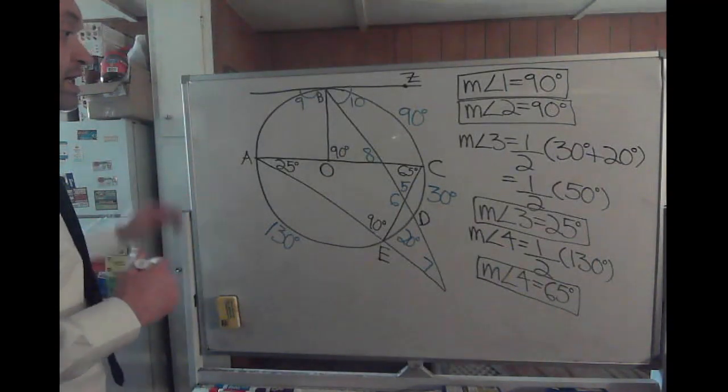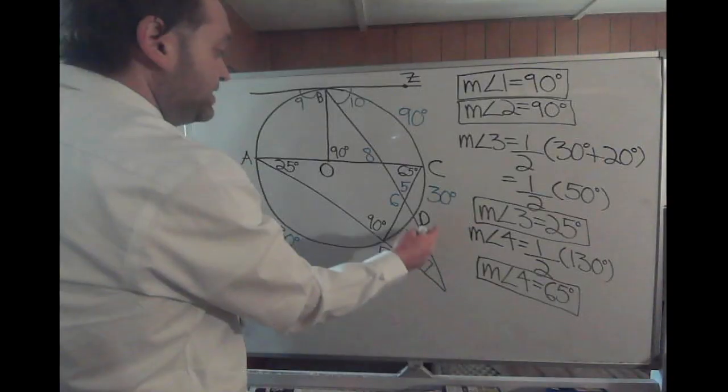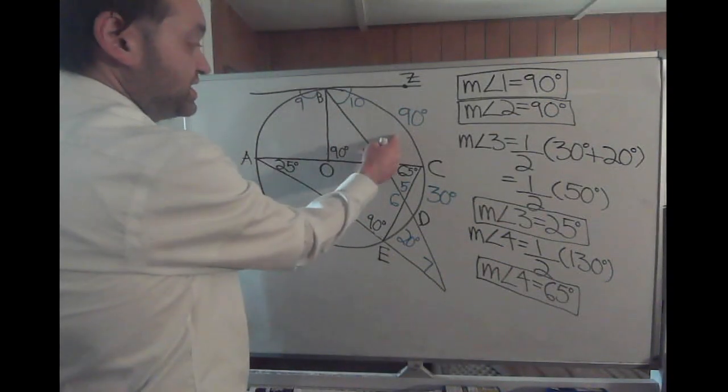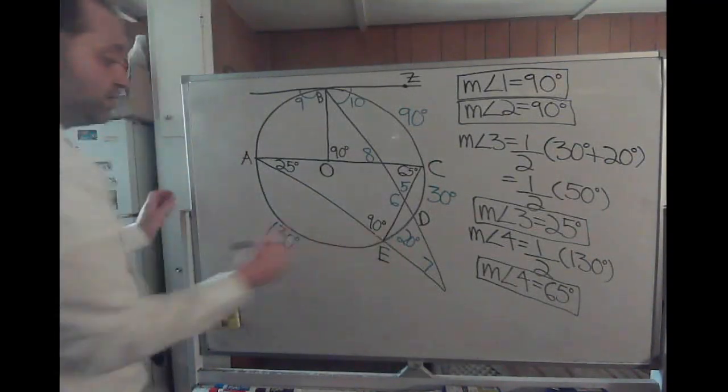So if we look at the chords that form angle 5, EC and then DB, it would definitely intercept the 90-degree arc and the 20-degree arc.